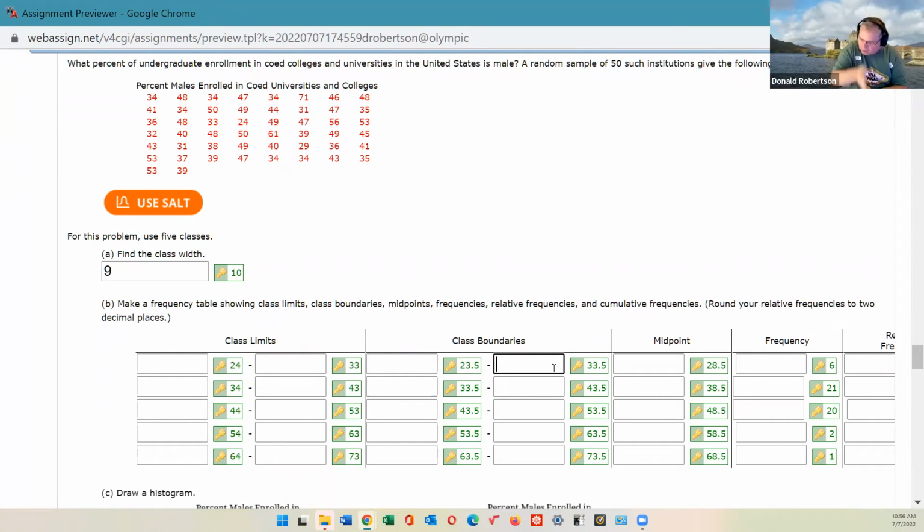They're just saying that would be 15.5. So if you take your class limits, these two numbers, and take 0.5 away from this one, you get the lower class boundary. And if you add 0.5, you get the upper class boundary. Are you comfortable about how these class boundaries are formed then, once you've got these numbers correct?